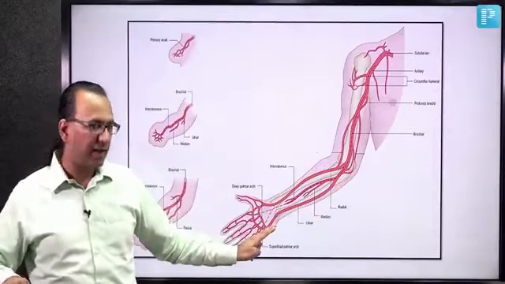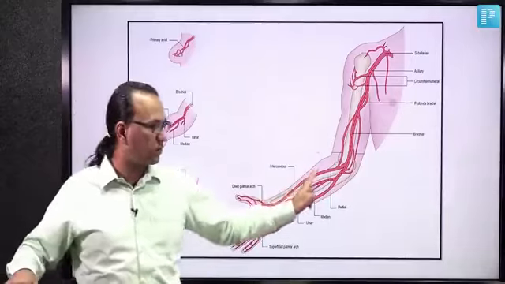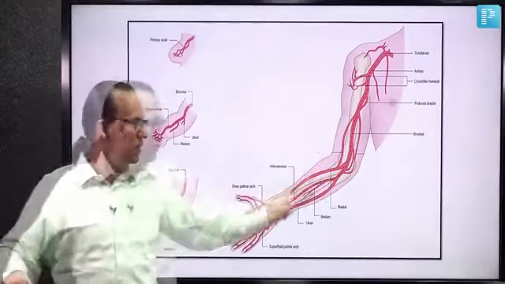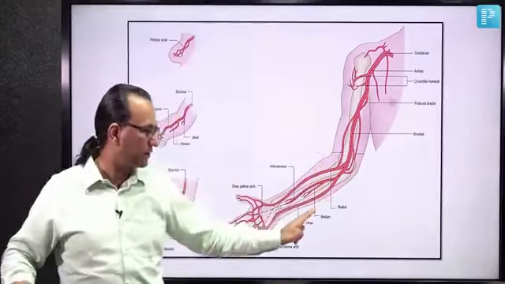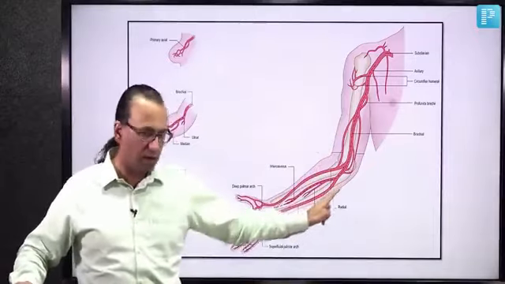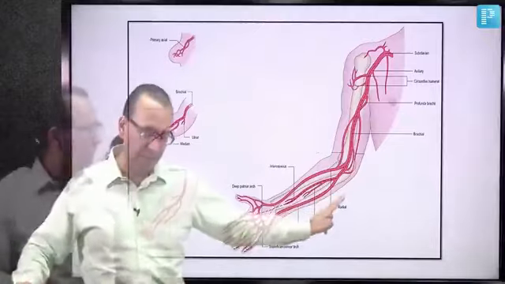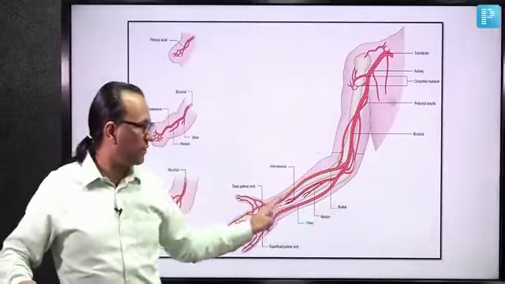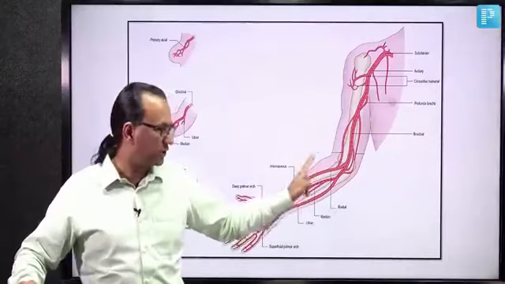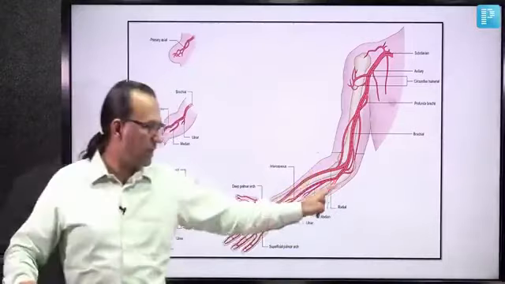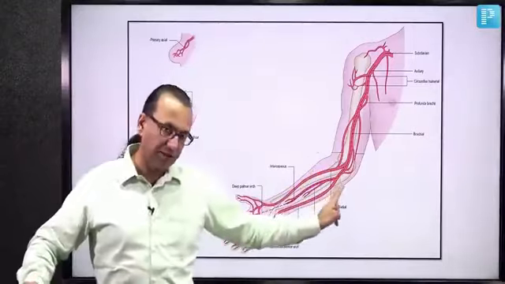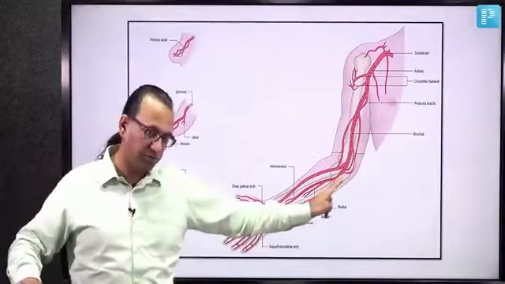Similarly, you'll find a vein which is running towards the thumb side, the radius bone. The cephalic vein is the preaxial vein, whereas the vein which is running at the base of the forearm with the ulnar bone and ulnar artery, the basilic vein, is the postaxial vein. So the radial artery and the cephalic vein are the preaxial structures along with the radius bone, whereas the ulnar bone, the ulnar artery and the basilic vein are the postaxial structures.